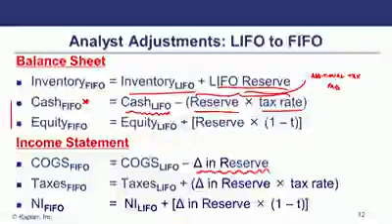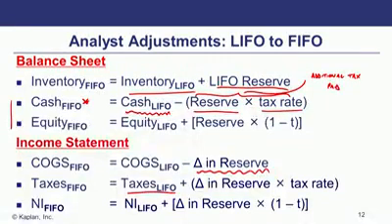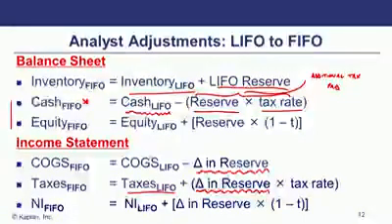Now, impact on taxes this year, of course, well, we're going to pay more tax because our profits are going to be higher because our costs of goods sold are going to be lower. So we take our LIFO taxes and then we add on this additional tax. Our profit before tax is higher by the change in the LIFO reserve. So take the change in the LIFO reserve times the firm's tax rate.